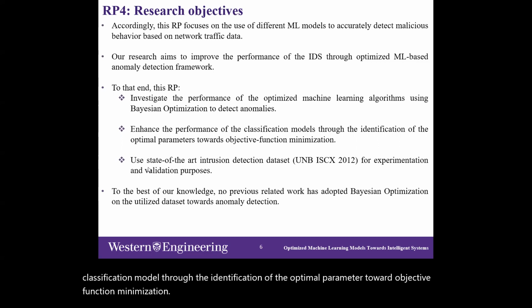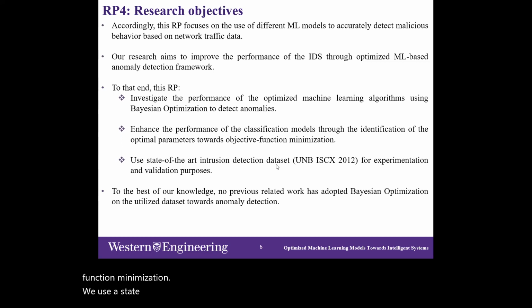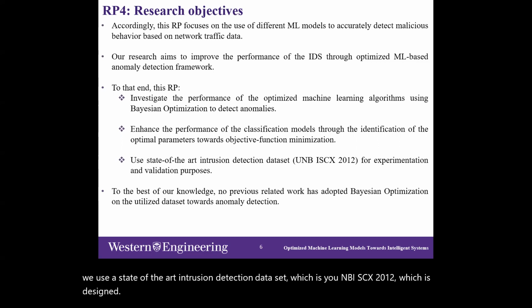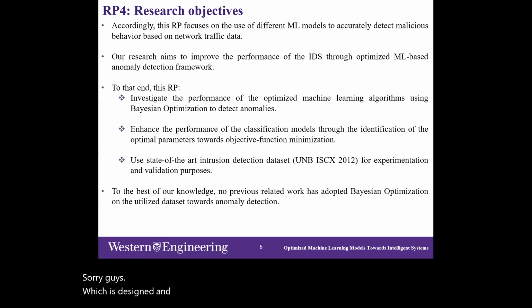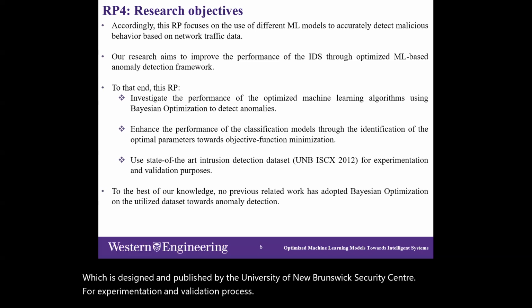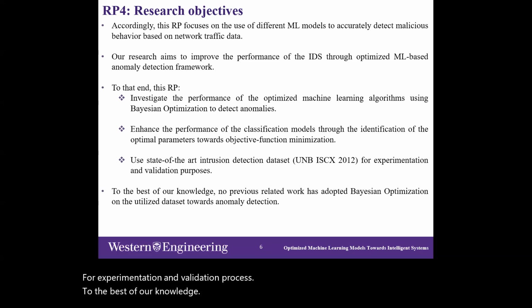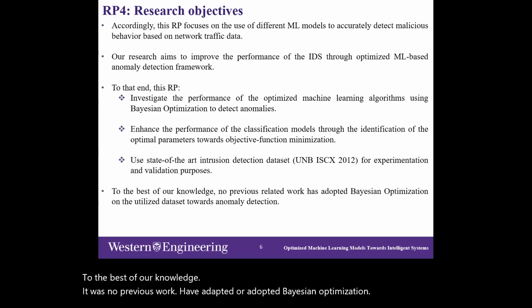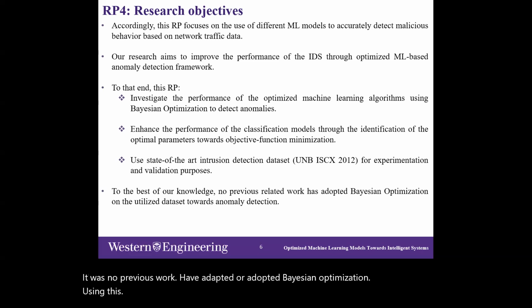Then we used a state-of-the-art intrusion detection data set, ISCX 2012, which was designed and published by the University of New Brunswick Security Center for the experimentation and validation process. To the best of our knowledge, no previous work has adopted Bayesian optimization using this data set.